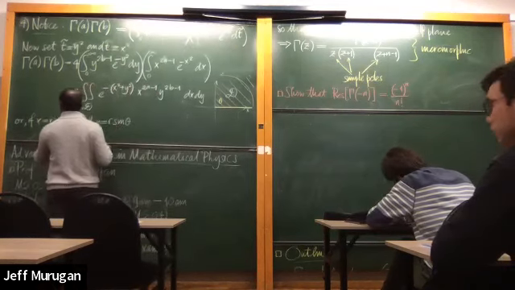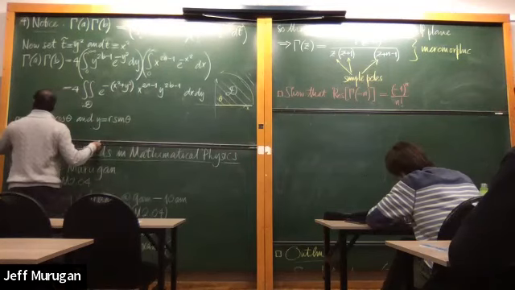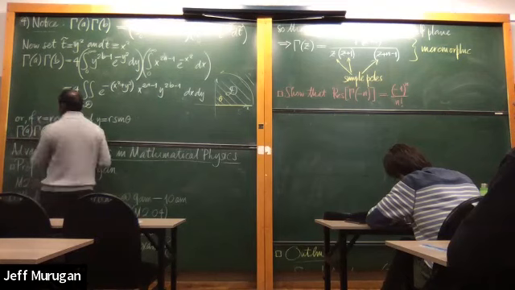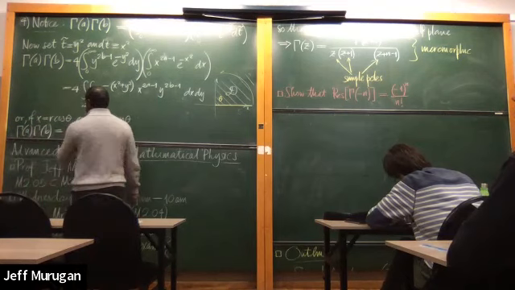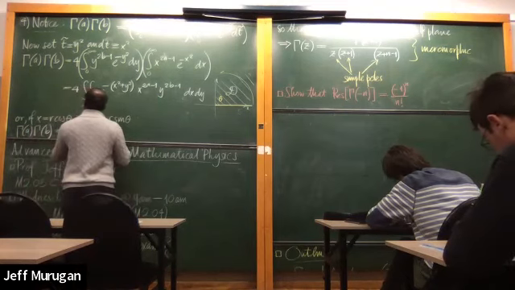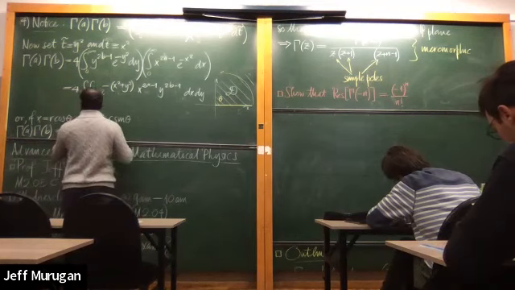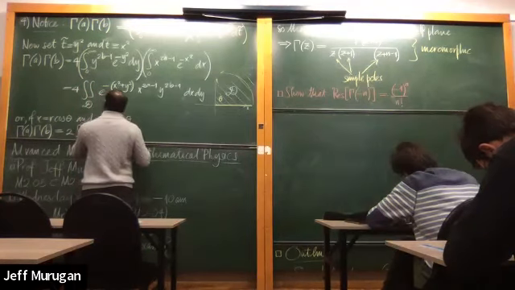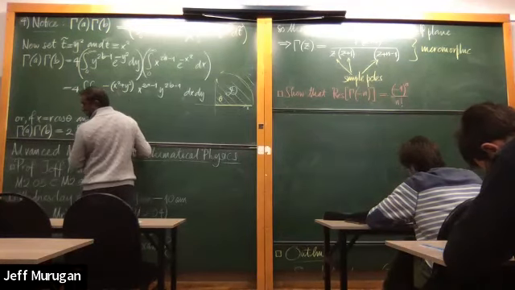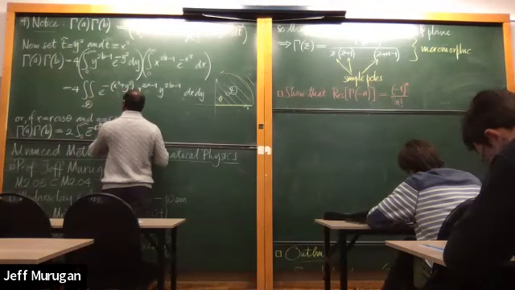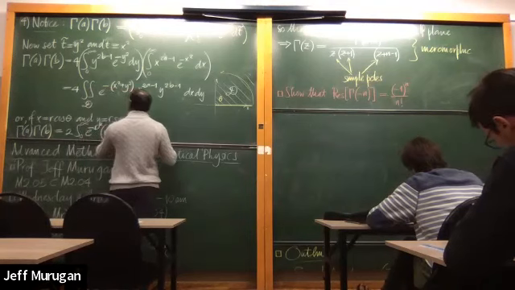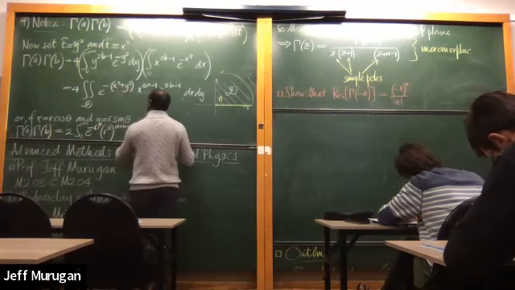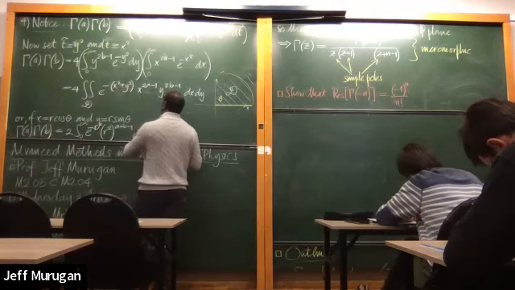Then this integral gamma of a gamma of b is just 2 times the integral from 0 to infinity of e to the minus r squared times r squared to the a plus b minus 1 d of r squared.